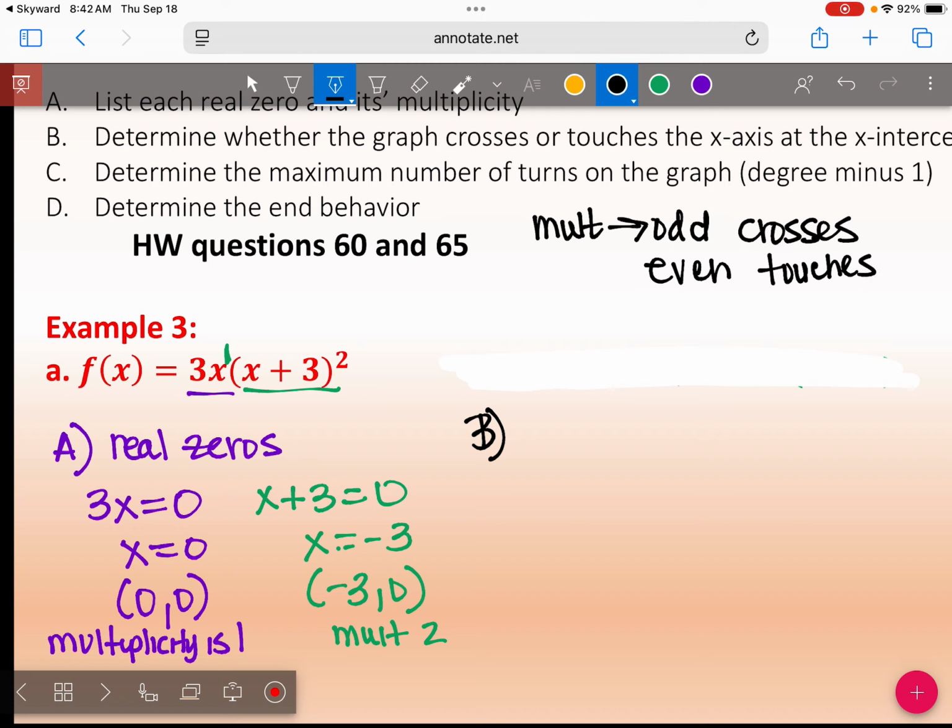Because at 0, 0 that one had a degree of 1, that tells me at 0, 0 it's going to cross through. But at -3, 0, it just touches.